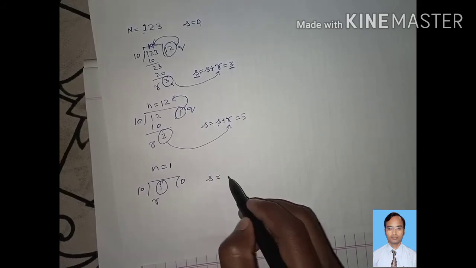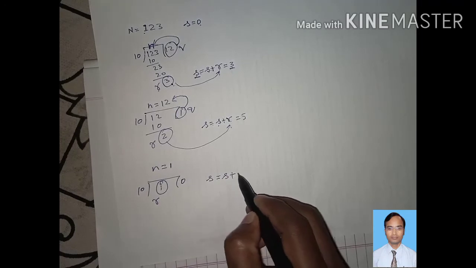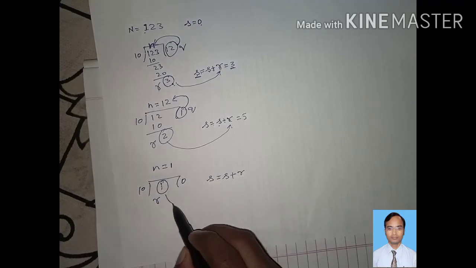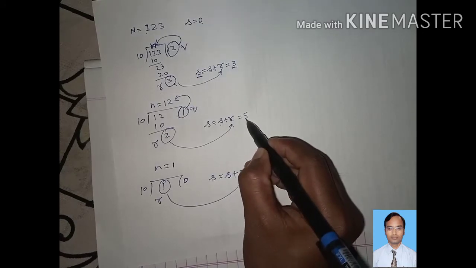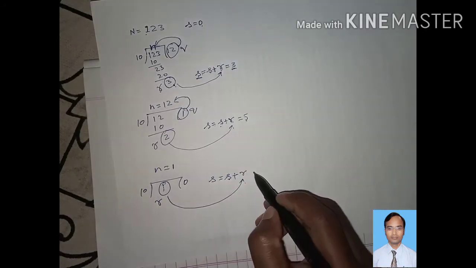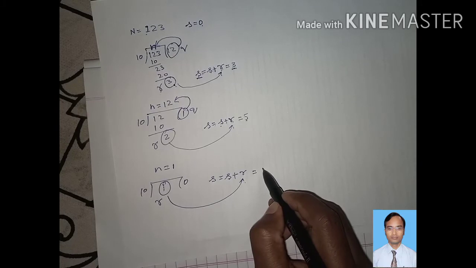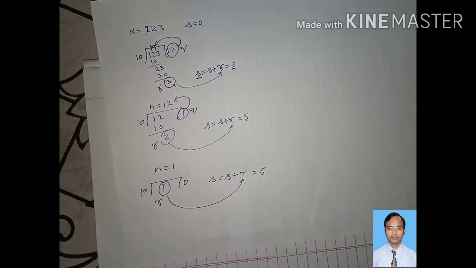And again we can perform s is equal to s plus r, and r will be 1, s will be 5. So the total calculation will be 6.